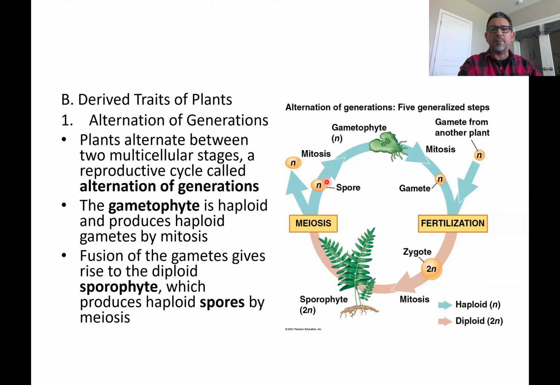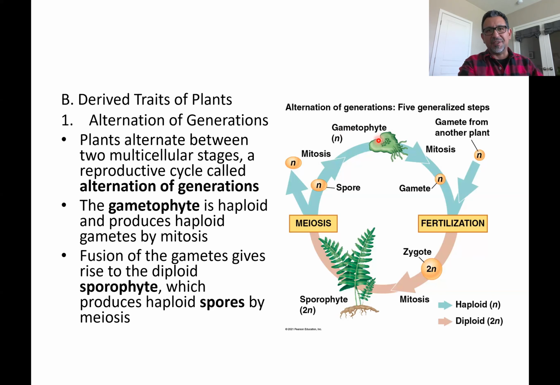And these spores are going to develop by the process of mitosis into a new gametophyte. But because these spores are haploid and they begin to develop through mitosis into a gametophyte, the gametophyte is also going to be haploid.